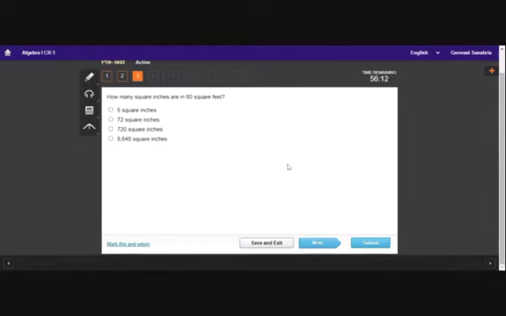Not too bad. How many square inches are that? 6 square feet. I think this one might be a trick one. Okay, how many square inches are in 1 square foot?